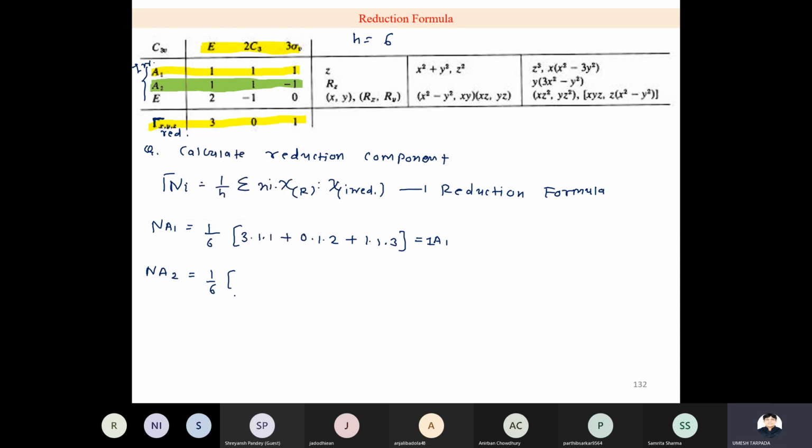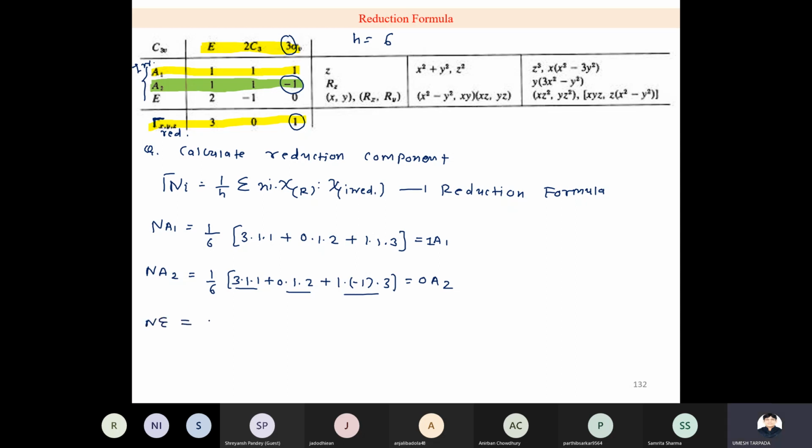So it's 3 into 1 into 1 plus 0 into 1 into 2 plus 1 into minus 1 into 3. So you are getting 3, 0, minus 3. 3 minus 3 is 0. So it's 0 times A2.